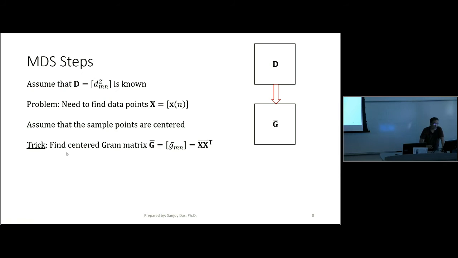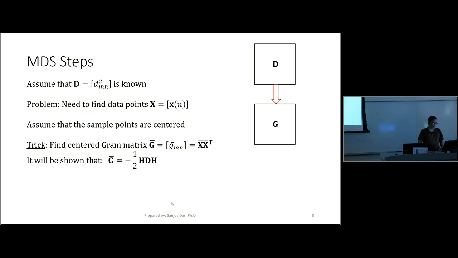The trick is first we find the centered Gram matrix G bar, which is X bar times X bar transpose. And we shall use the expression that I just showed you in the previous slide. And then we will show that this G bar equals negative half HDH.